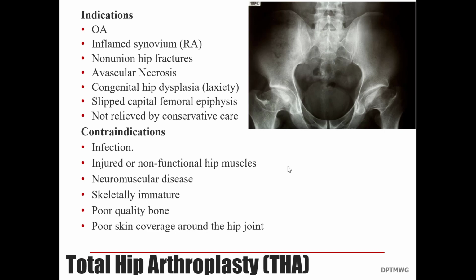Indications for this surgery include OA, RA, poorly healed hip fractures, avascular necrosis, congenital abnormalities, and pain not relieved by conservative care. Contraindications mostly include active infection and poor bone and muscle quality.